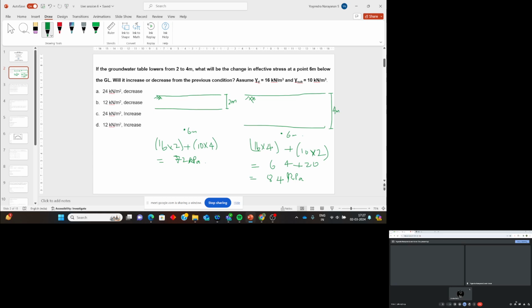How did you calculate? Are you able to see the calculations here? Yes, sir. So initially this is the groundwater table. At this condition, here it will be 16 and here gamma submerged will be gamma saturated minus gamma W. So directly if you multiply it with the depth, you will directly get the effective stresses.